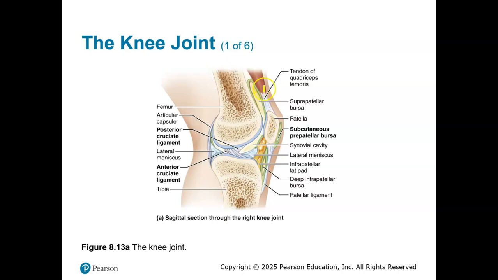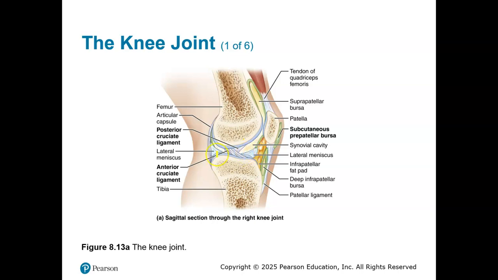The tendon attaches the quadriceps muscle all the way to the front of the tibia. So in the middle of that tendon, the patella forms. There's a patellar ligament, which is the same structure as the tendon of the quadriceps, but it's called the quadriceps tendon above the kneecap, and it's called the patellar ligament below the kneecap.